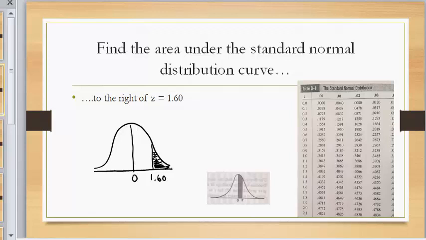So once that's done, we're then going to go to our table and we're going to look up 1.60. So remember, we find the 1.6 down the left-hand side and the 0, the hundredth place digit, across the top. And we intersect that row and that column. And so it looks like we are at 0.4452.